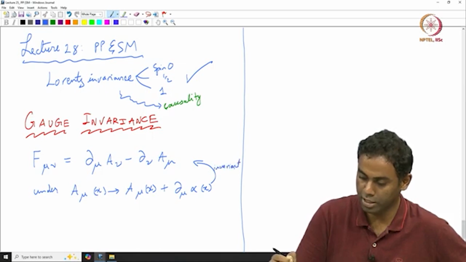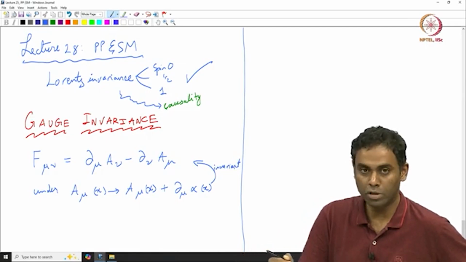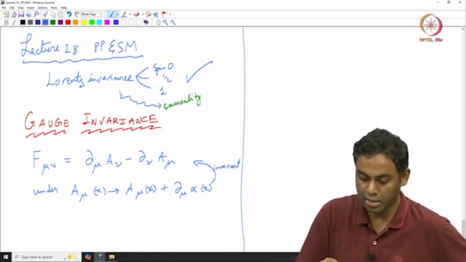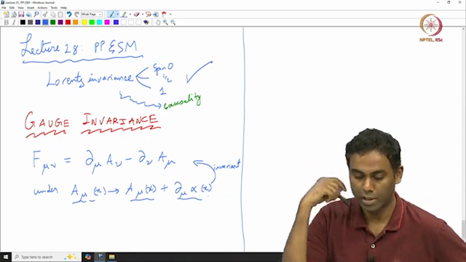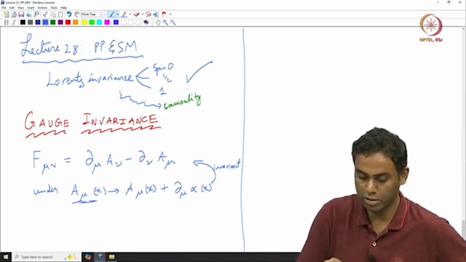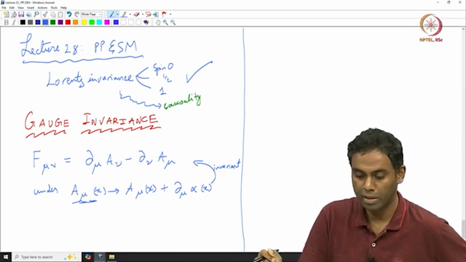So if you construct a Lagrangian using just the field strength tensors, it is invariant. So what is this? This is a redundancy in the description of the mediator field, correct? I can use this instead of this to describe my field, basically, right?